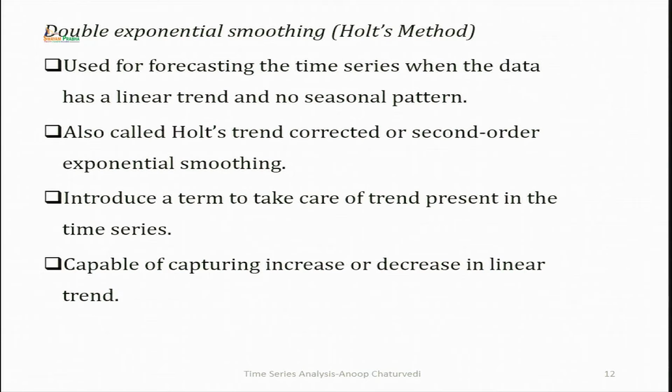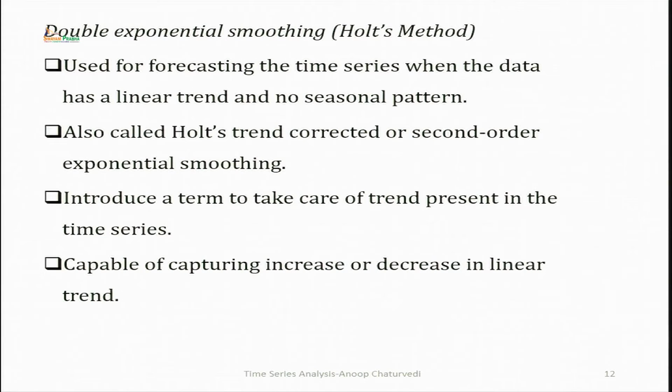In this method, we relax the assumption of no trend. So, this method is used for forecasting a time series when the data has a linear trend and no seasonal pattern. We still assume that the time series does not have any seasonality, but it has a linear trend.